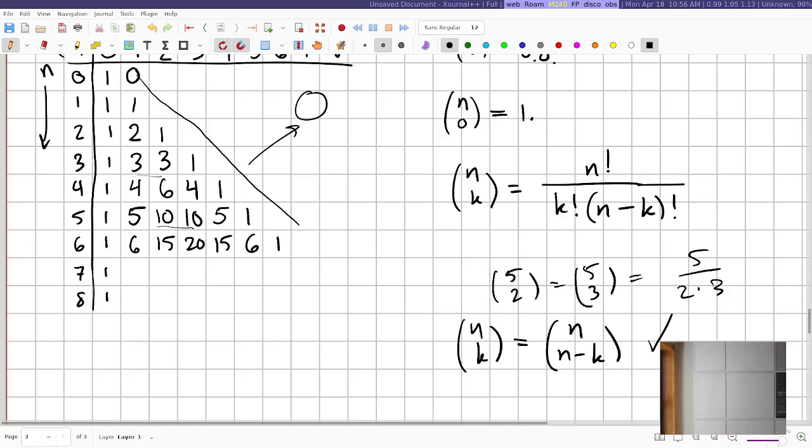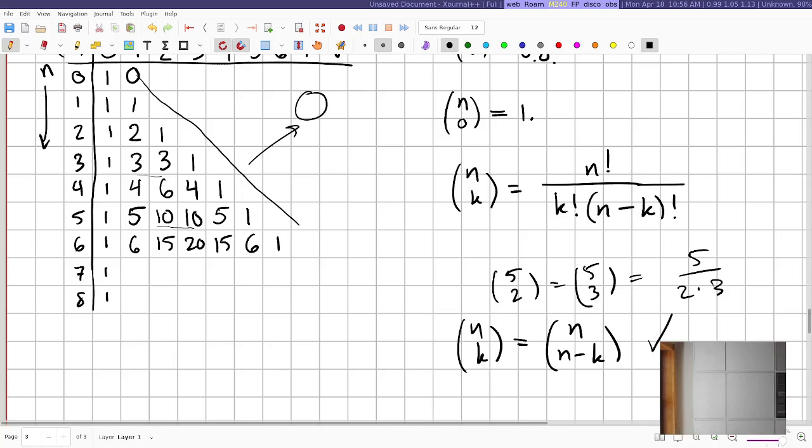One way to think about it is, how many things are going to be left over if I choose k things out of n? N minus k, of course. So I can also think of it in terms of choosing the things that I want to be left over. I have the same number of ways to choose the k things that I want as there are to choose the n minus k things I'm going to throw away.